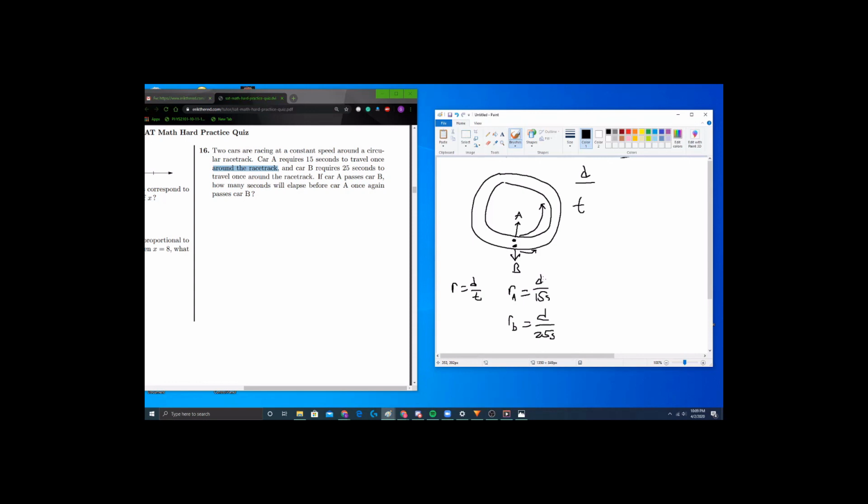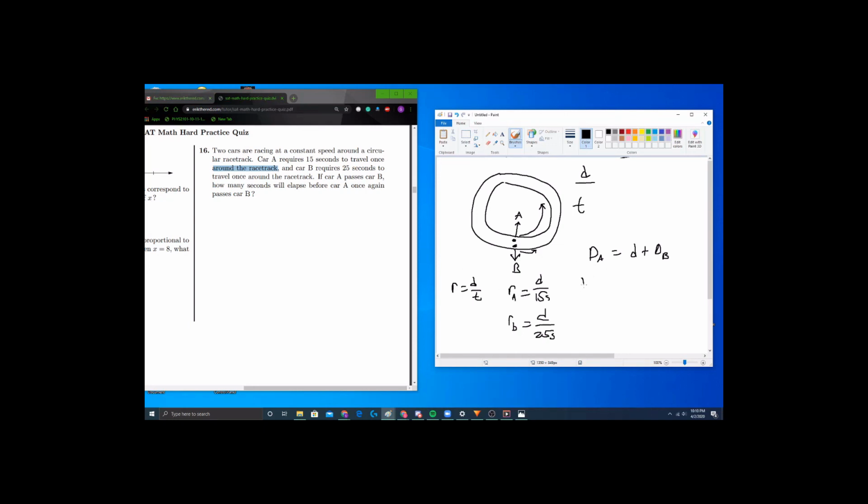So we're going to use the same logic. The distance that car A travels has to be one racetrack length greater than the distance B travels. And as we said before, rate times a certain amount of time gives the distance you travel during that time.